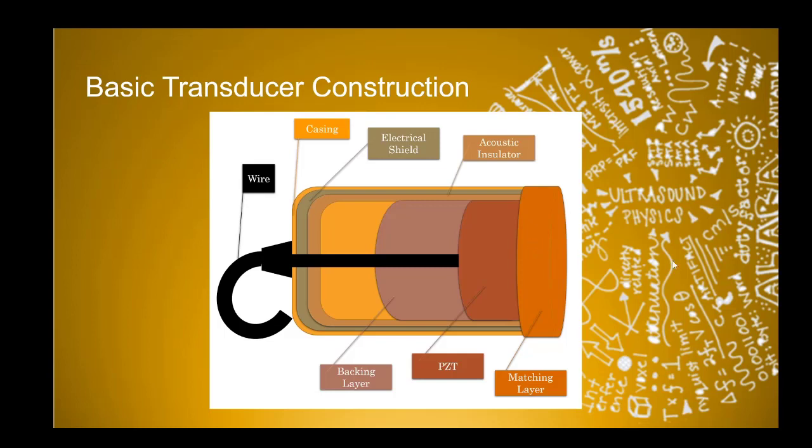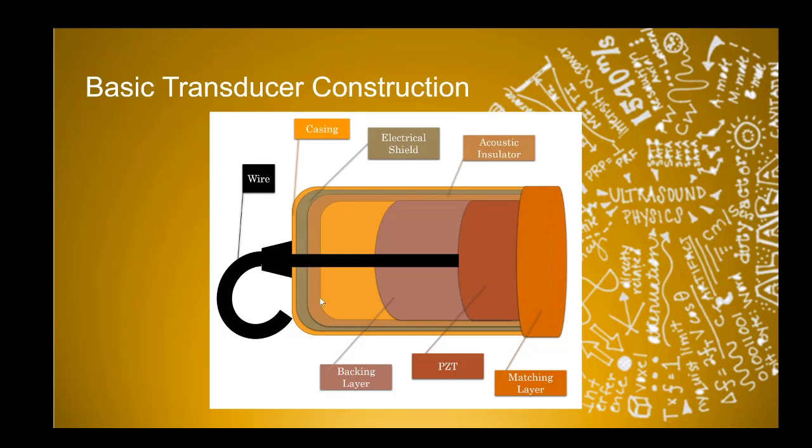Now what's around these components is also very important. This kind of purple area is called the backing layer, and the backing layer helps to keep the PZT crystal from ringing a long time. And we're going to learn why this is important, that we have a backing material in our imaging transducers. The other things that sit around these materials, we have the acoustic insulator.